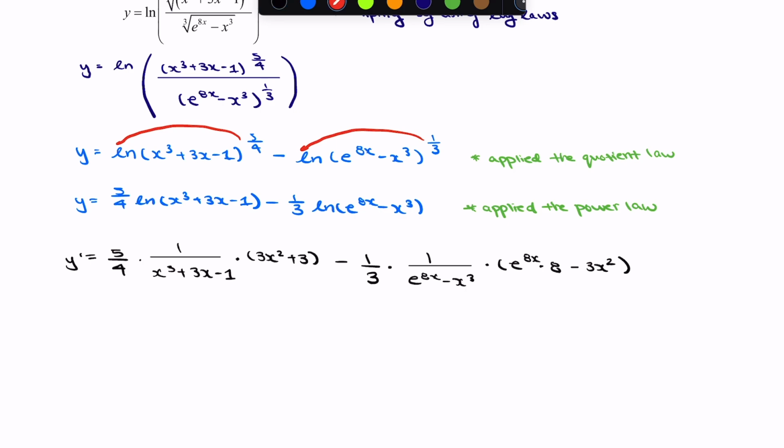So here we can factor out a 3. If we factor out a 3 here, we're left with x squared plus 1.